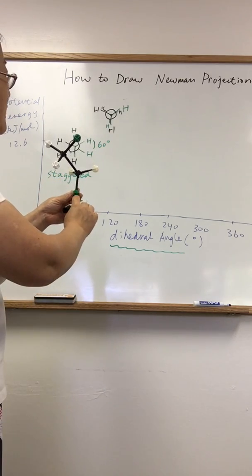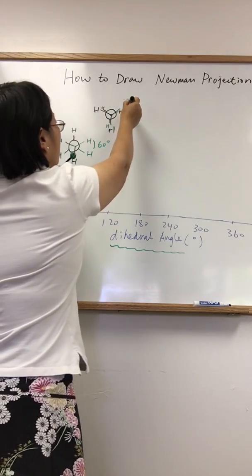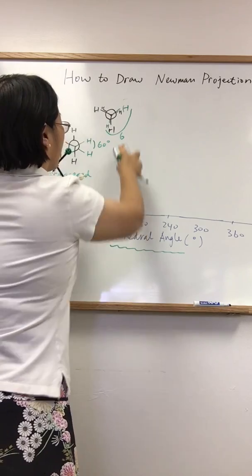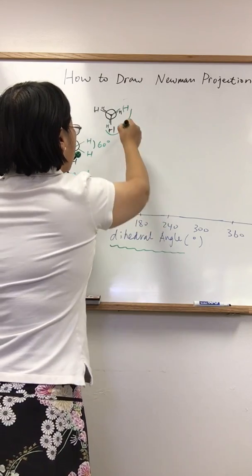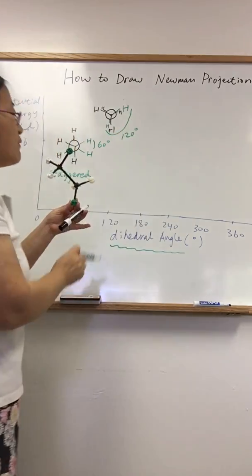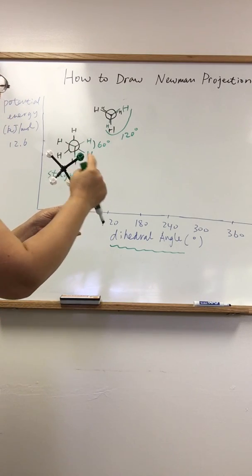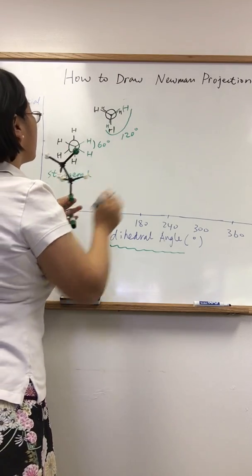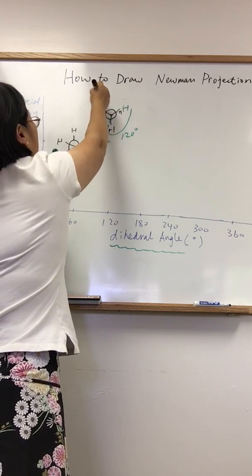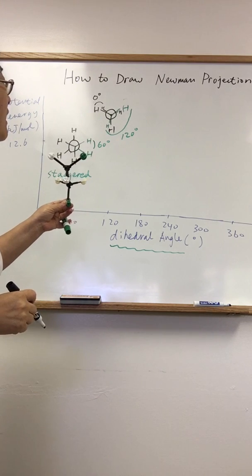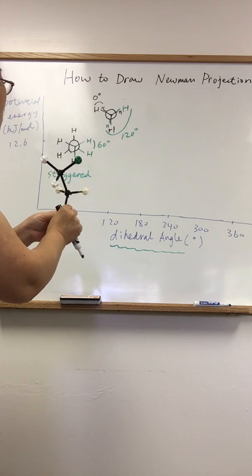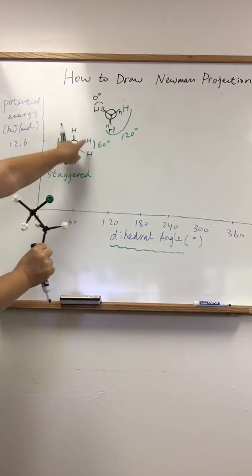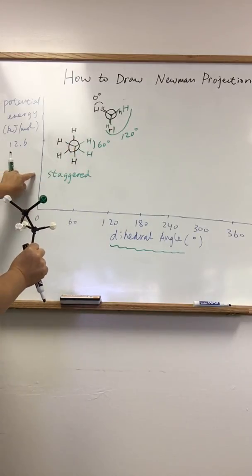Under that circumstance, if you look along these two green hydrogens, their dihedral angle is 120. And if you look at the two hydrogens that are eclipsed to each other, for any of them, the dihedral angle is 0 degrees. And so you could actually draw an eclipsed conformation when the two green hydrogens have a 0 dihedral angle.